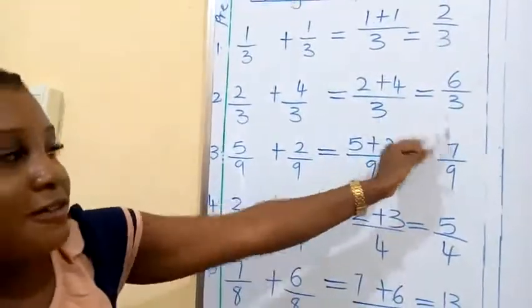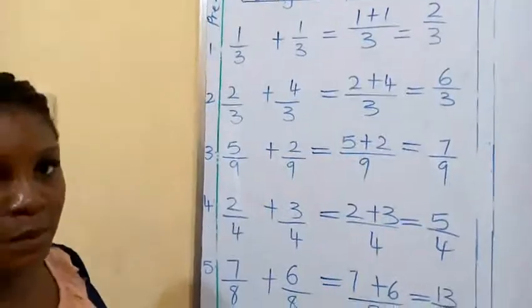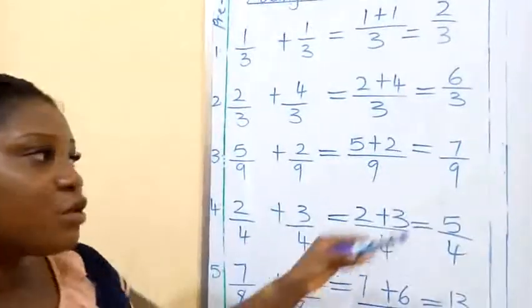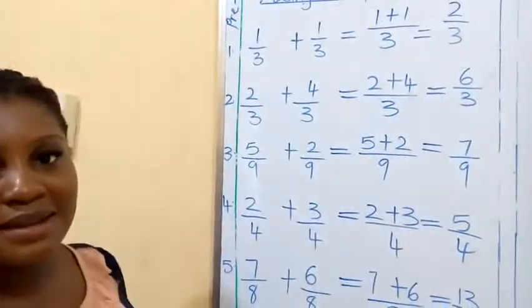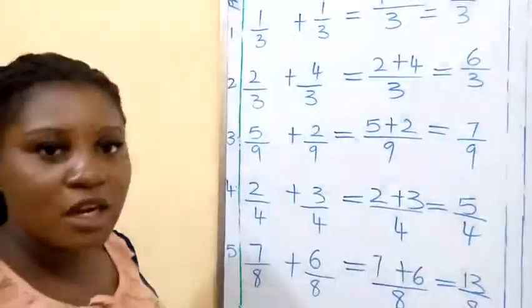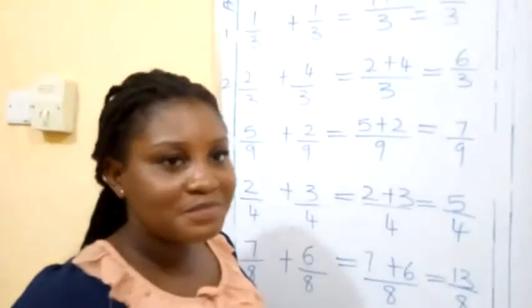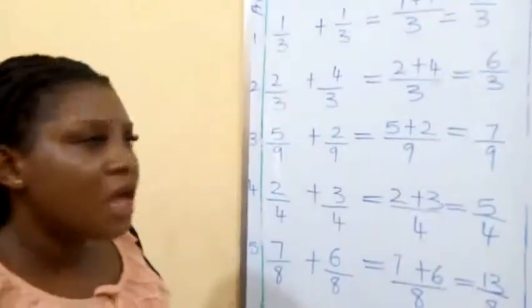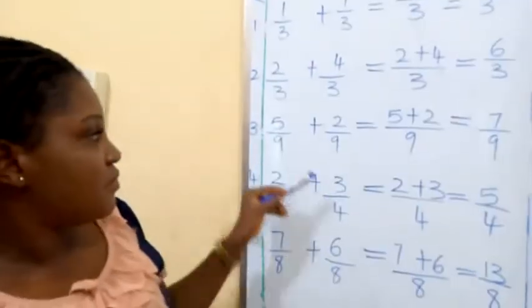How did we have 7 all over 9? Look at the answer. How did we come up with that answer? If mommy asks you, how did auntie get 7 all over 9, what will you tell her? Beautiful. This is what you have to tell her.